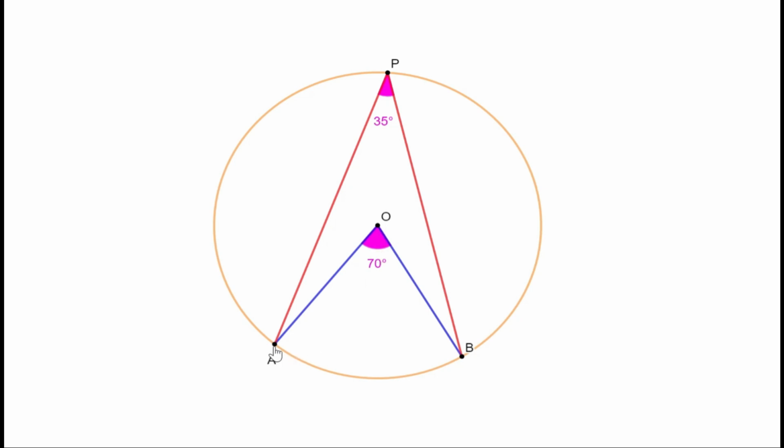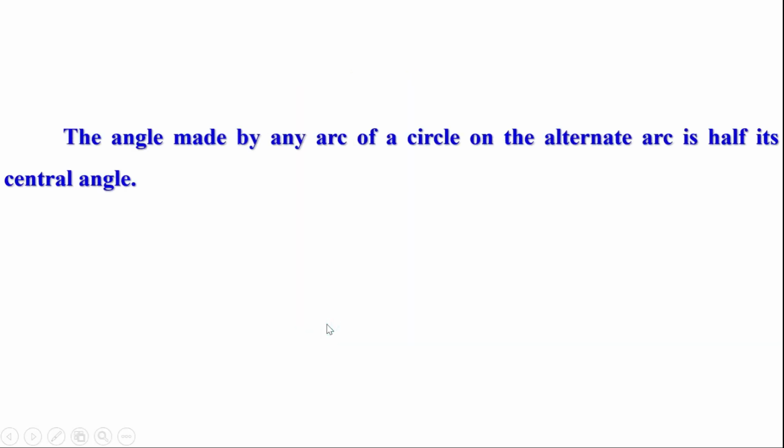That means the angle made by any arc of a circle on the alternate arc is half its central angle. Remember the point that only when the angle is on the alternate arc is it half the central angle.